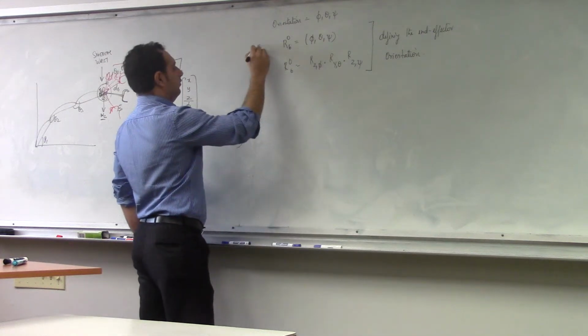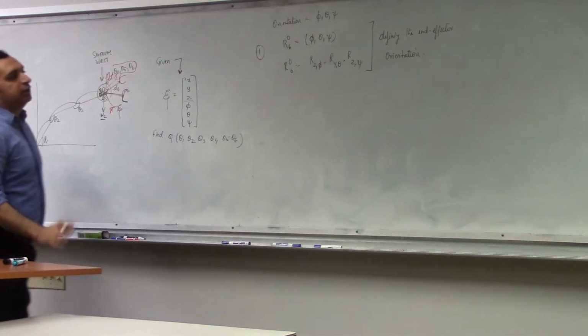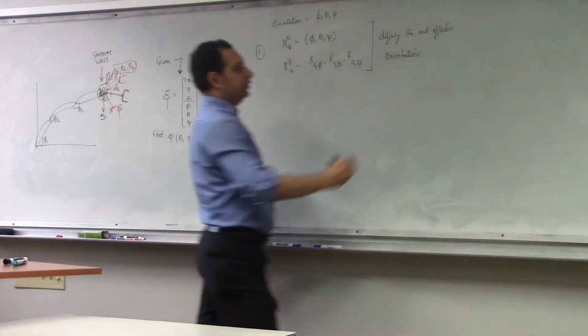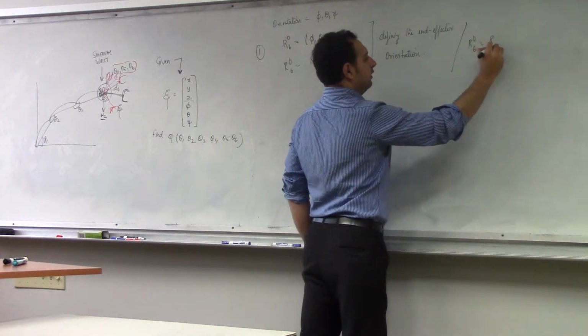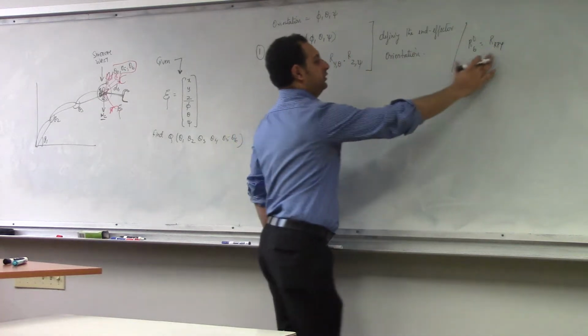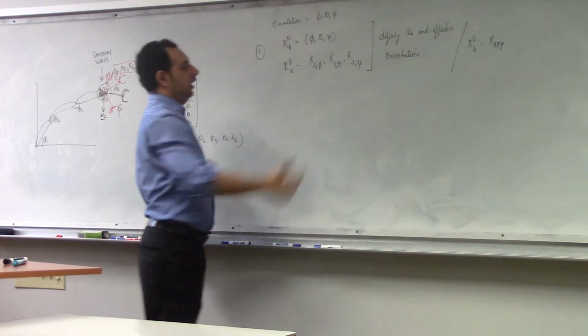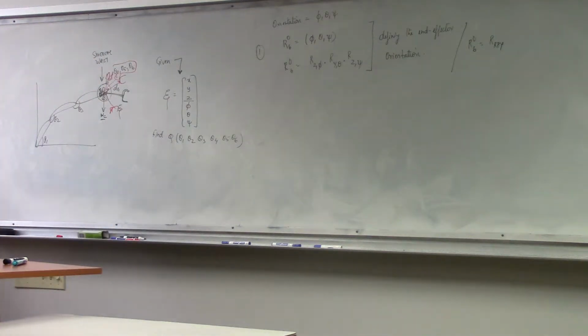Okay, this is your step 1, you will define the orientation. Alternatively, you can also construct R06 as a product of rotations, where this is the fixed frame and this is the current frame. It depends upon how you want to use it, it makes no difference with the outcome.